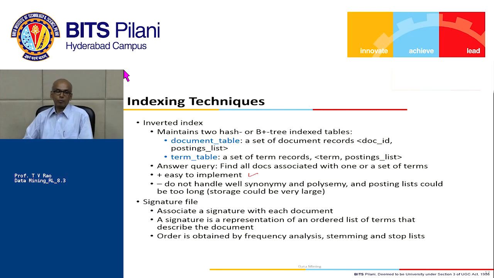The other approach may be to associate a signature with each one of these documents. In a signature, we may represent the terms, and also we may create an order of the terms. So for example, there is a document which refers to cricket 20 times and hockey once.